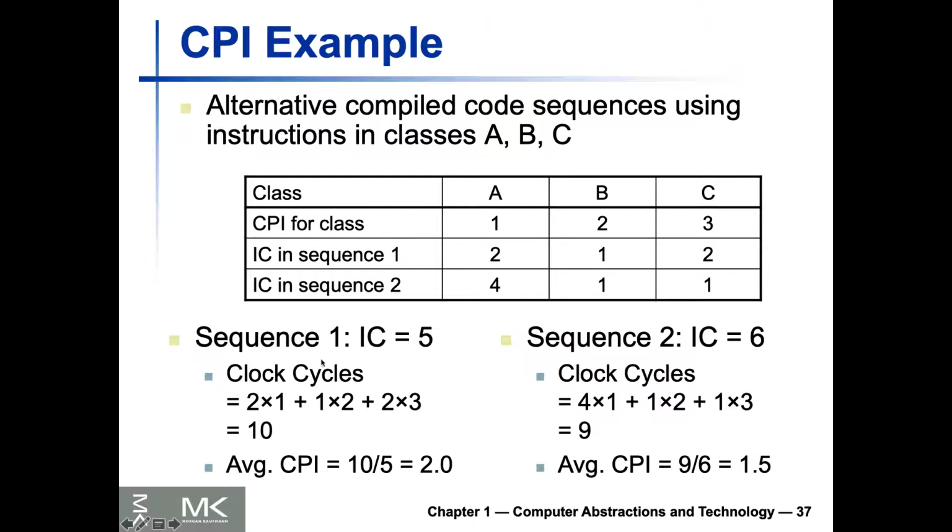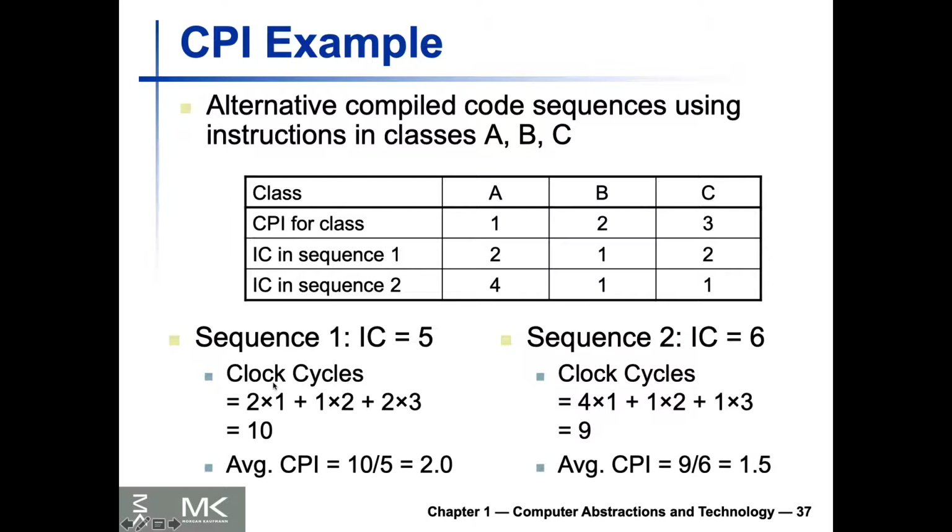So for sequence 1, we have instruction count equal to 5. Why is it 5? And for sequence 2, the instruction count is 6, right?